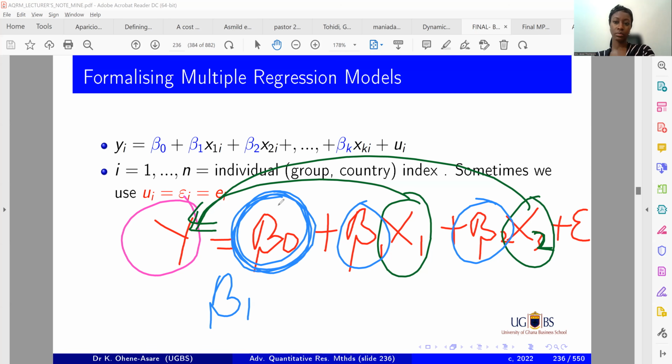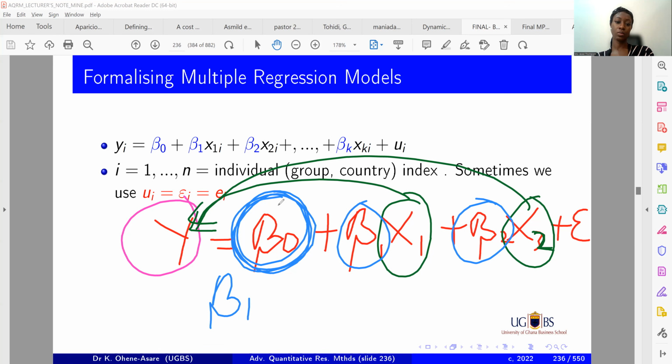Sometimes we call it the intercept, the constant. It has no economic interpretation. It has no sensible econometric interpretation. It is there to indicate that if all of the independent variables are not there, what is then affecting the dependent variable?